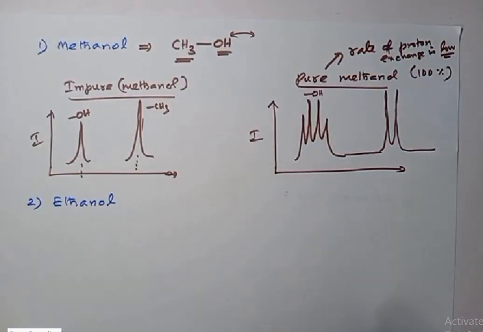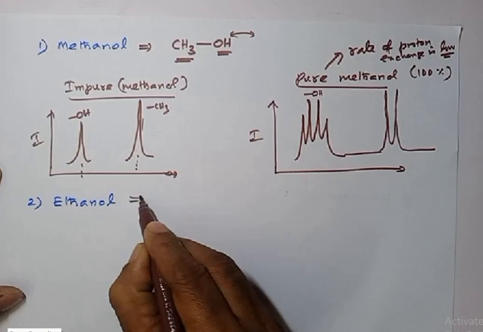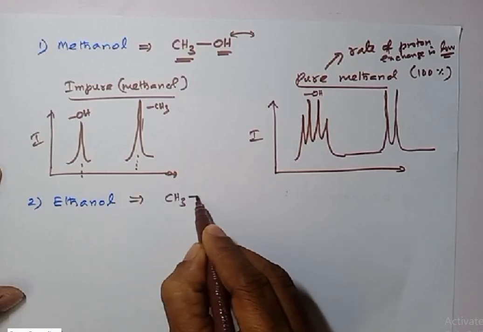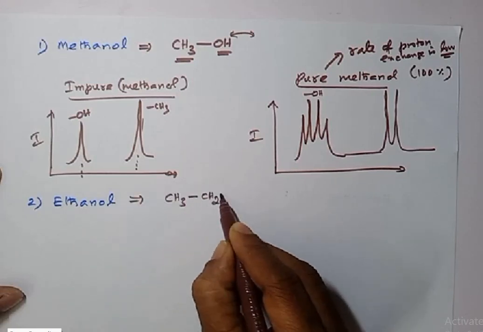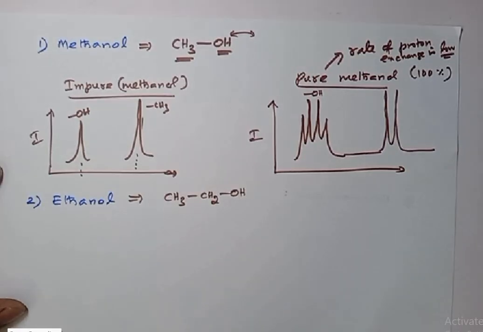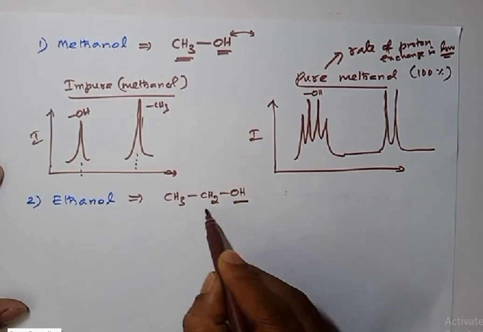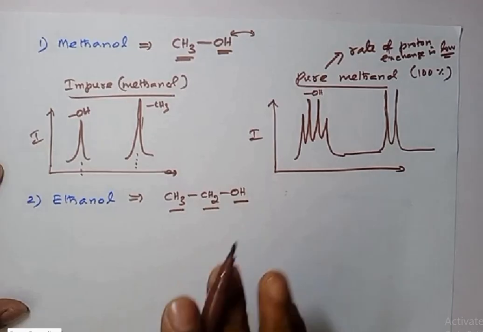See, in the case of ethanol, the molecular formula is CH3CH2OH. Now, we have three different protons here, so we get three signals.